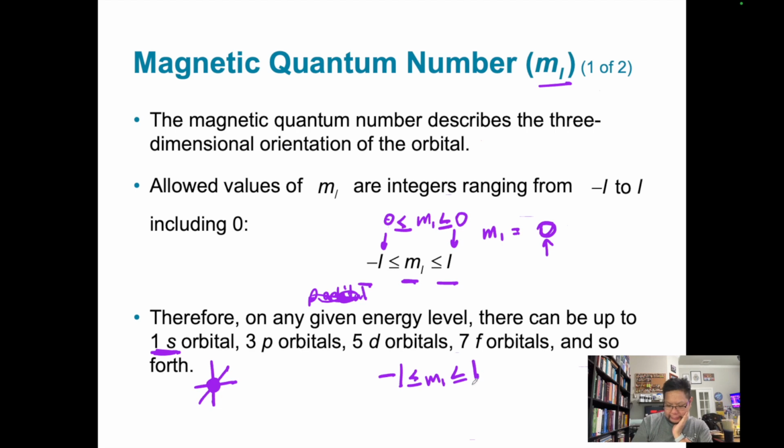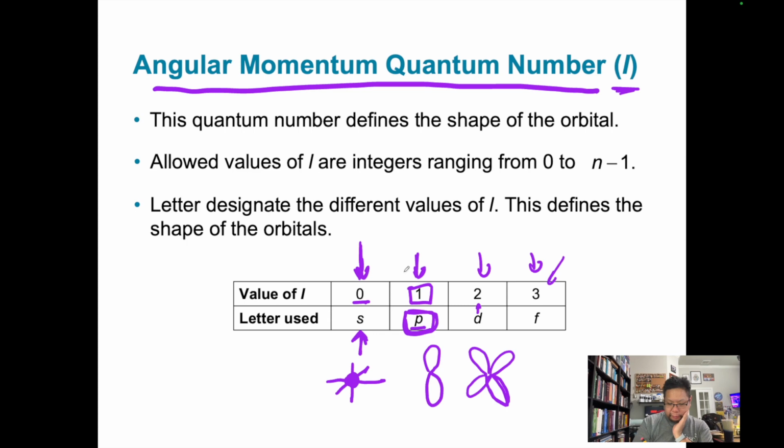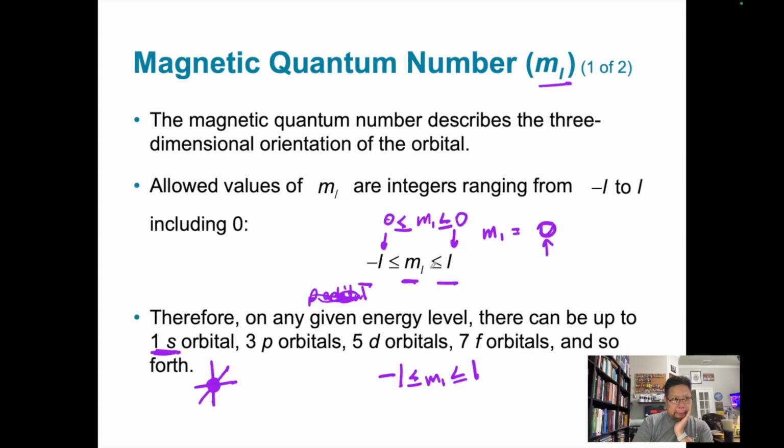The p orbital has L equals 1, so we plug in that 1 here: negative 1 is less than or equal to m sub l, which is less than or equal to 1.